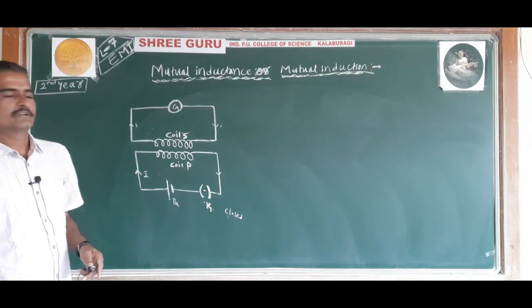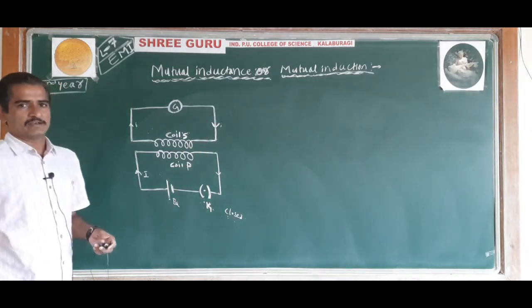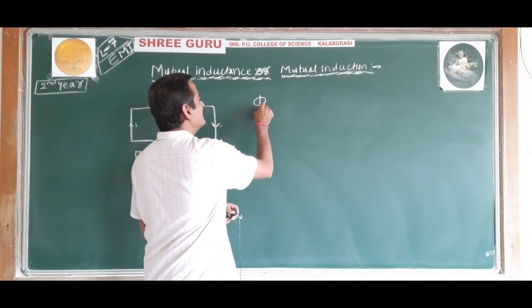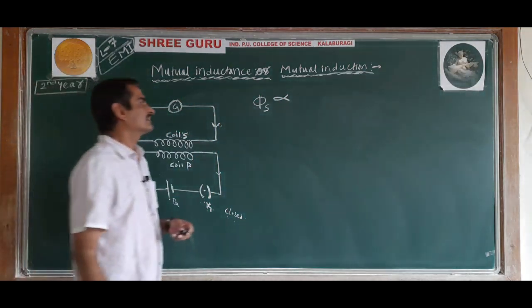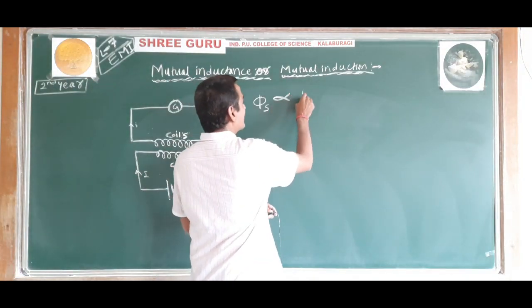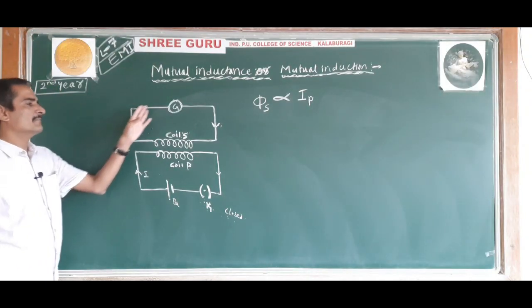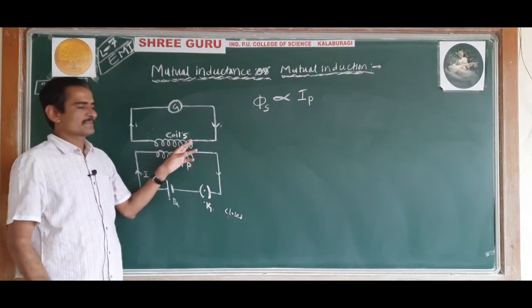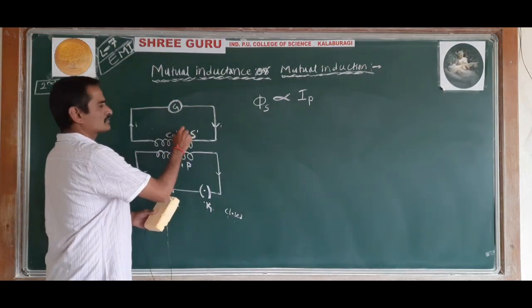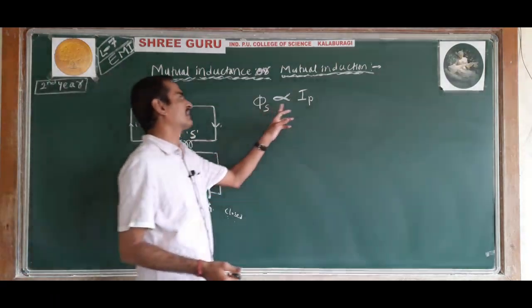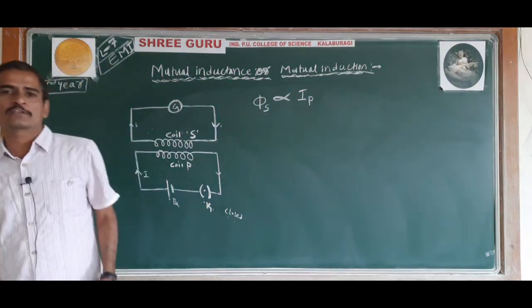So it is found that the magnetic flux linked with the secondary coil is directly proportional to the current flowing through the primary coil.